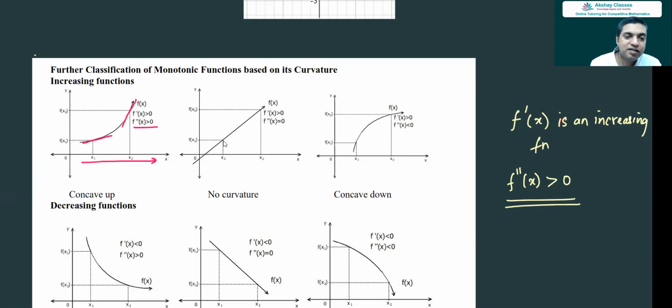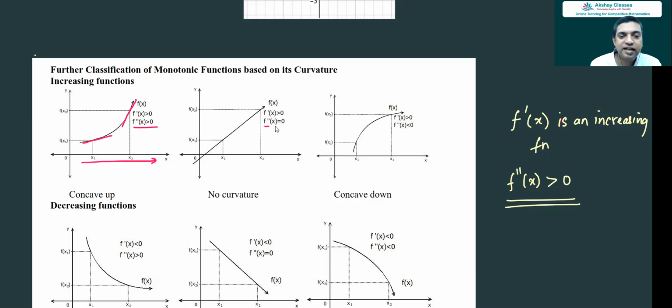Whereas now look here, this is an increasing function, but f dash x is a constant. f dash x is positive, but is a constant here because f of x is a straight line. So the first derivative will be a constant. All right, it is of a constant slope. So the second derivative will be 0.